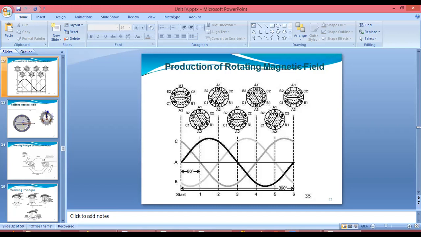There we were directly taking omega equal to 2 pi upon T, or 2 pi n. But here, with three phases, you are supposed to take omega equal to 2 pi n into 120 degree upon 3 for the three-phase induction motor. In terms of time, omega is 2 pi upon 3T into 120 degree.